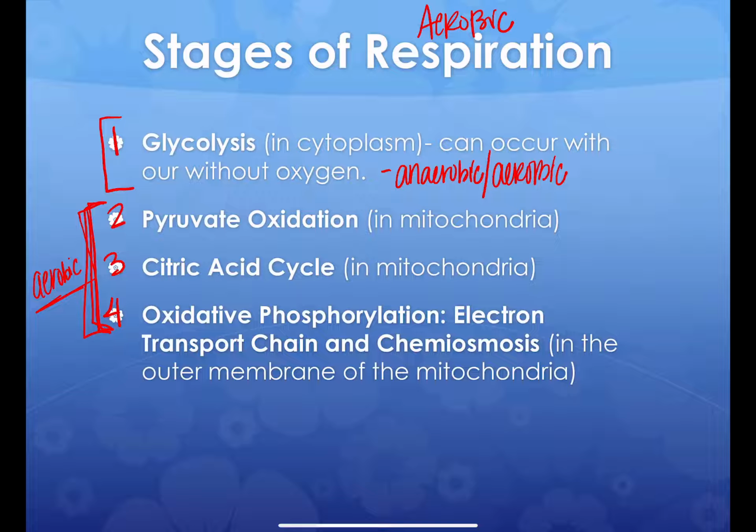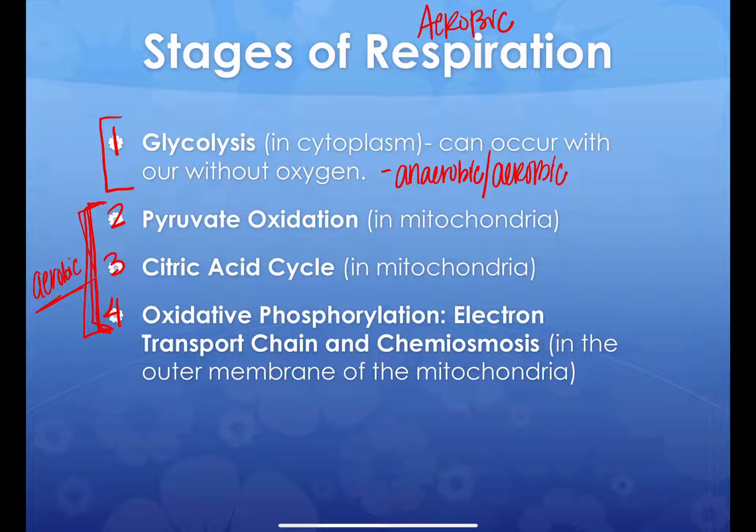So glycolysis happens first. Now, I don't think I explicitly said this in yesterday's video, but it was one of the questions at the end of the assessment on the Edpuzzle. Cellular respiration happens in the mitochondria. Plant and animal cells both have mitochondria.